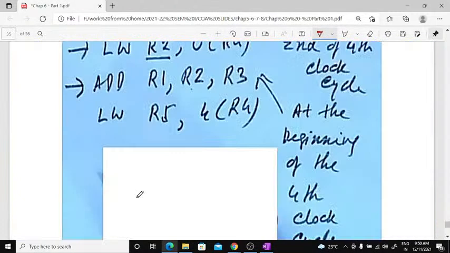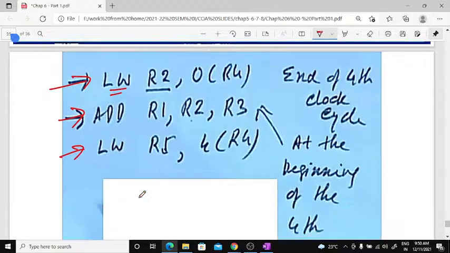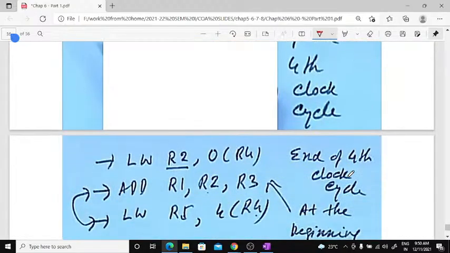So here the same example. See here, there is one more instruction. Load instruction is there, add instruction is there, and again the load instruction. Execute at the end of the fourth clock cycle, the same thing.